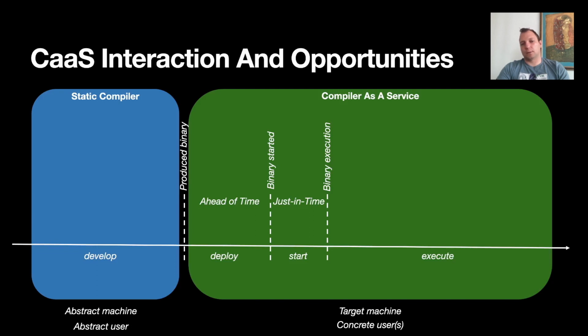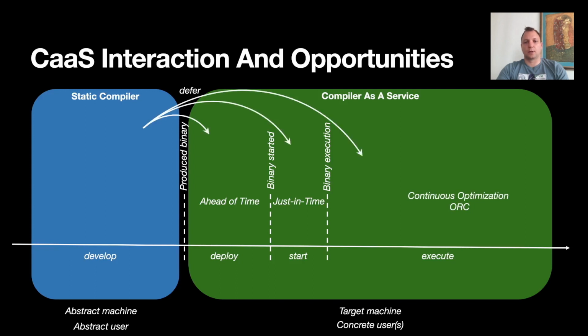The same when the binary has started and before it's executed: this is the just-in-time part where we could optimize things and use the JIT to speed things up. And then once the binary is executed, we have this continuum that we could use to collect the behavior of how we use the binary, and then incorporate it and help the optimization of that binary with the JIT.